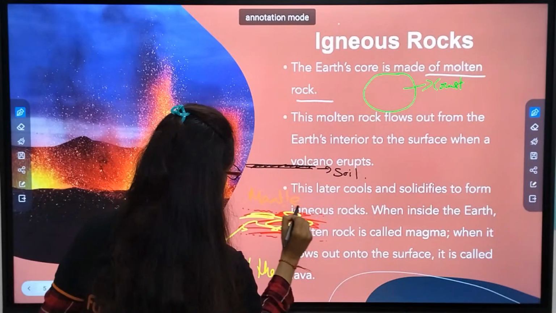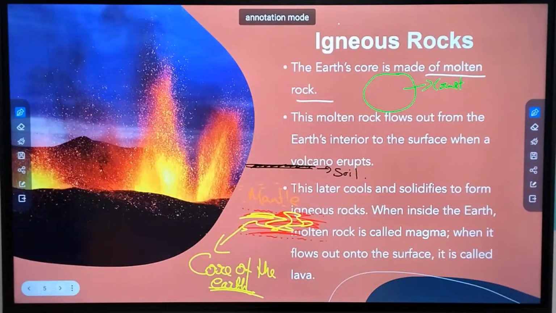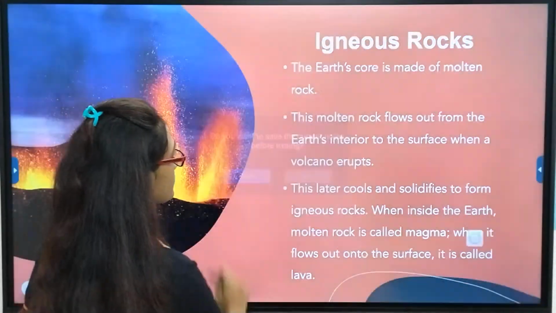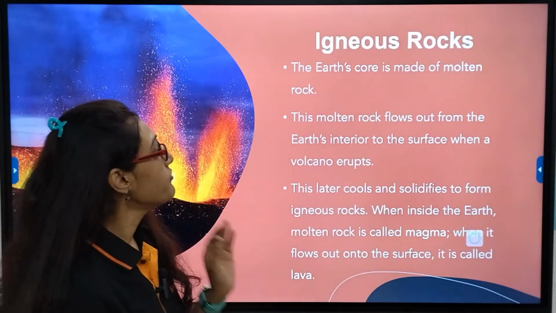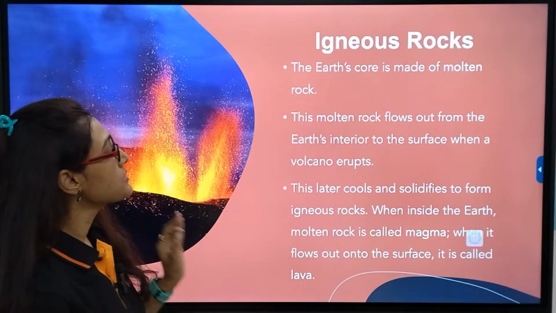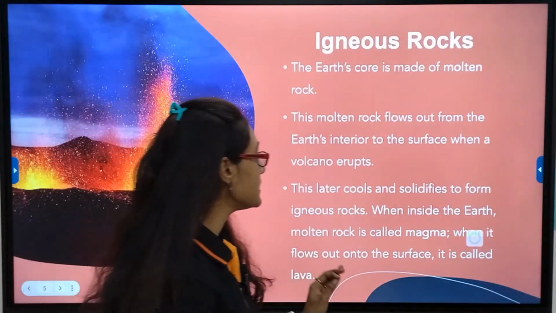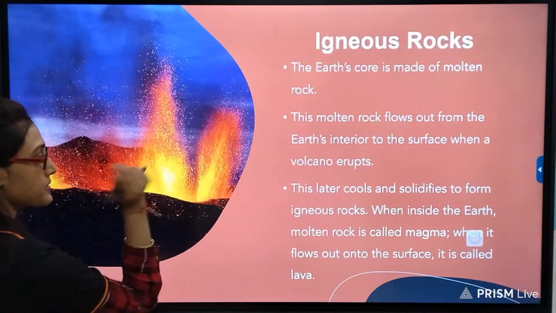This layer is known as the mantle. Understood? The earth's core is made up of molten rock. This molten rock flows out from the earth's interior to the surface when a volcano erupts.